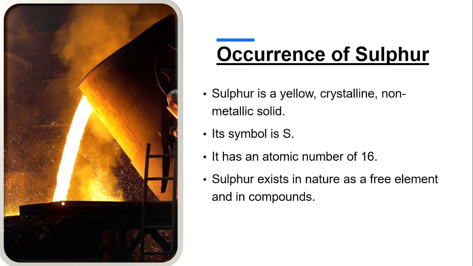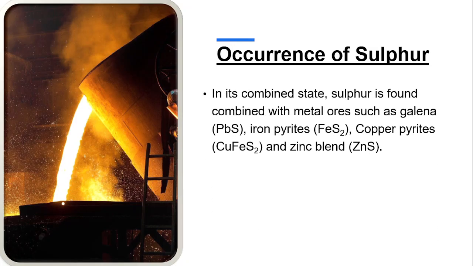Sulfur exists in nature as a free element and also exists in compounds. In its combined state, sulfur is found combined with metal ores such as galena, that is lead sulfide, the iron pyrites, the copper pyrites, and the zinc blende.